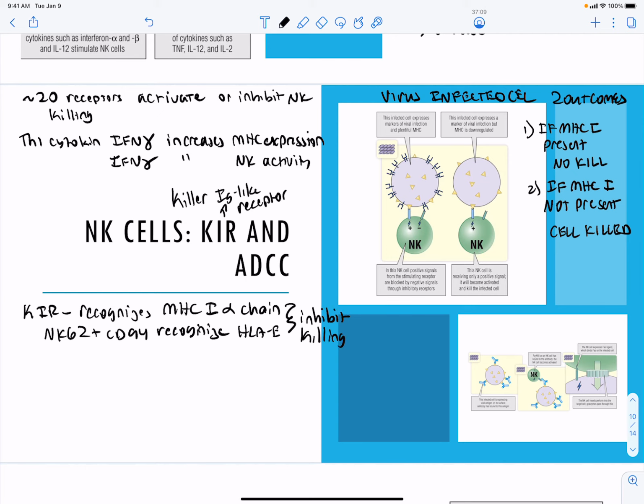So if either of these are engaged on a natural killer cell, even if the cell that they're looking at is infected, they will not kill that cell. So what this means is inhibitory signals dominate.